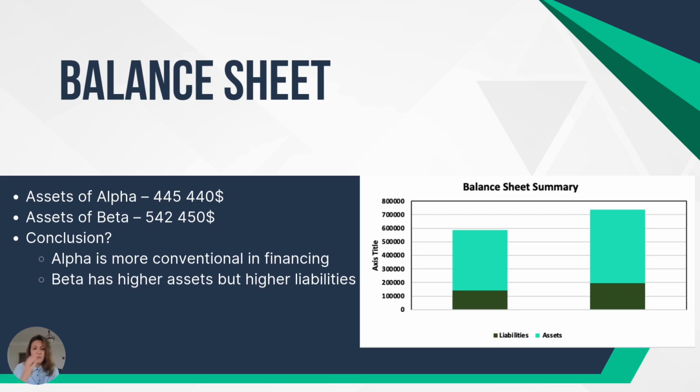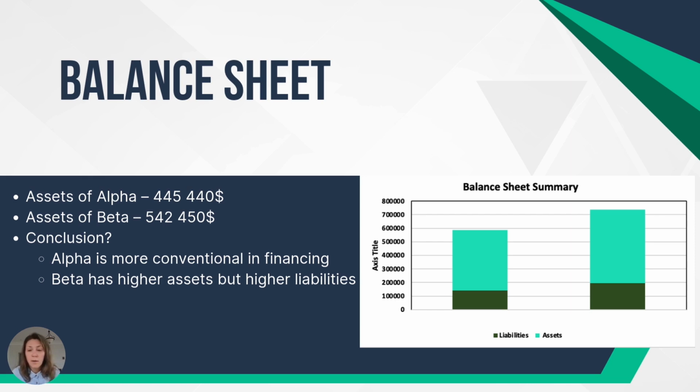In the other slide, we can see the balance sheet of these two companies, and we can say that Beta company has a higher total of assets than Alpha company. This means that Beta company controls more resources and may have a greater potential for growth and expansion.